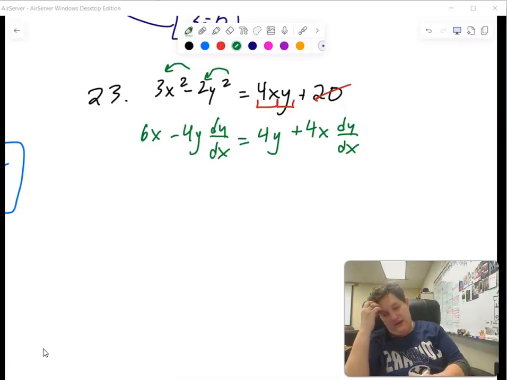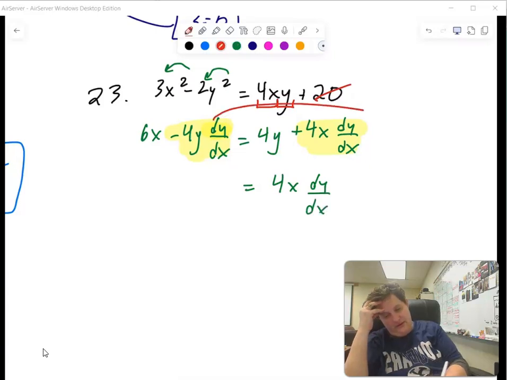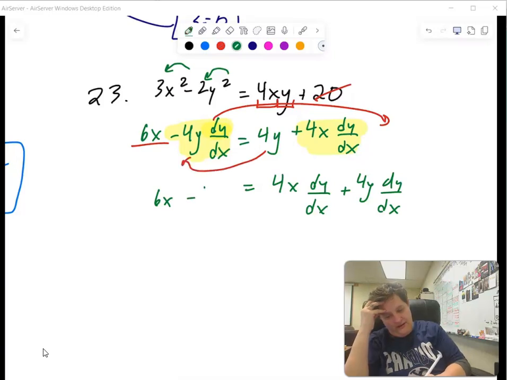Okay, I want to get the dy dx's on the same side, so I'm going to bring this over to here. So I'm going to leave the 4x dy dx, and when I bring this over, it's going to become positive 4y dy dx. And then on this side, I'm going to leave the 6x, and I'm going to bring over the 4y.